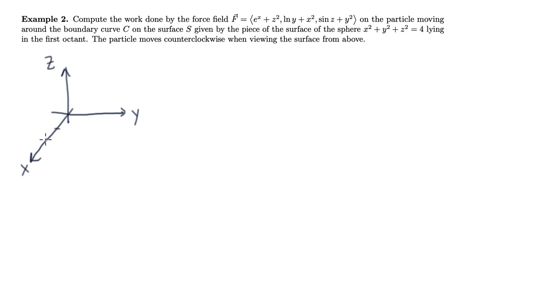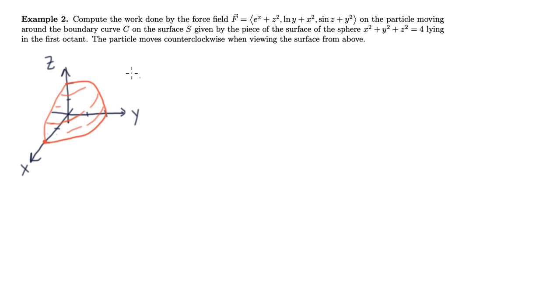So here's 1, 2, 1, 2, 1, 2. Okay, so that's kind of what the surface looks like. It's just the part of the sphere of radius 2 that's lying in the first octant, like that.